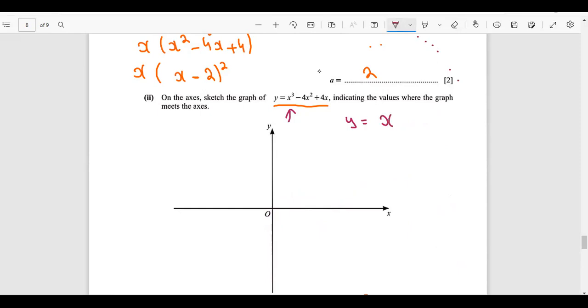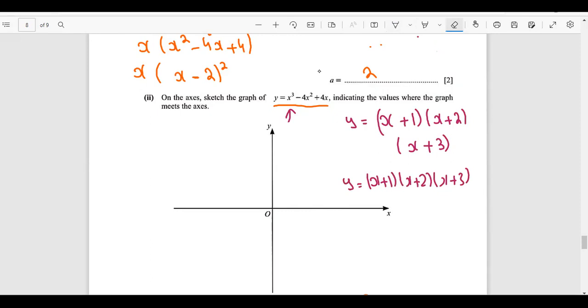So let's say it is x plus 1, x plus 2, and x plus 3. Okay, this is basically the product. Here it is. Y equals this. Okay, so please use a paper, draw this graph, and send it to me on WhatsApp.